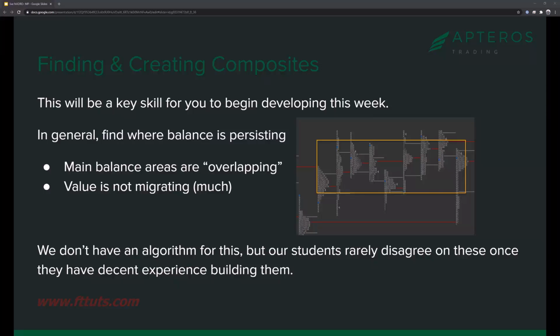I don't have a mathematical formula for you for this, okay? But I can tell you, once you get some experience, if you're like any of our other students, there's a little bit of an art form to it, just a little bit, but they rarely disagree on where CVAs are. So that should just give you confidence that this is going to be quite objective.